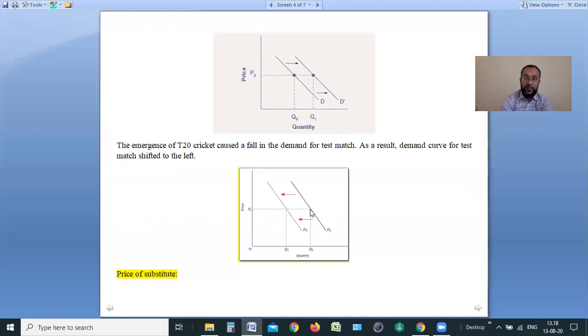Now, since people are watching more T20 cricket and purchasing more T20 tickets, they are purchasing fewer tickets for test matches. So at the same price, people are now buying only Q2 tickets for test match. So the demand curve for test match cricket shifted to the left from D1 to D2 due to the increased popularity of T20 cricket. So this is the impact of change in fashion and taste.